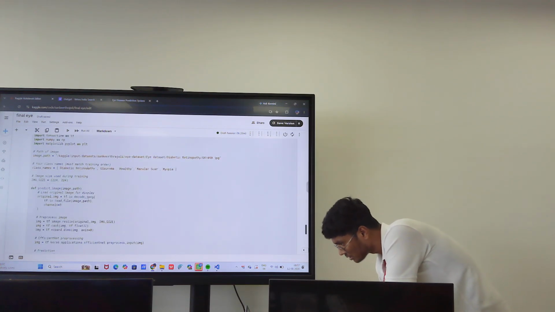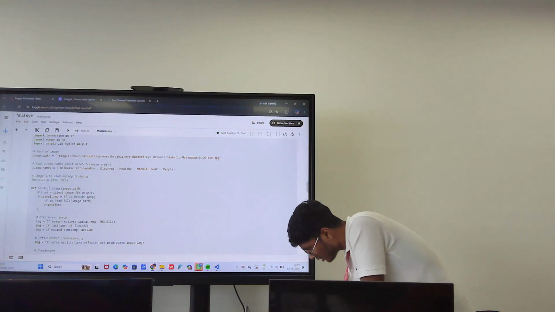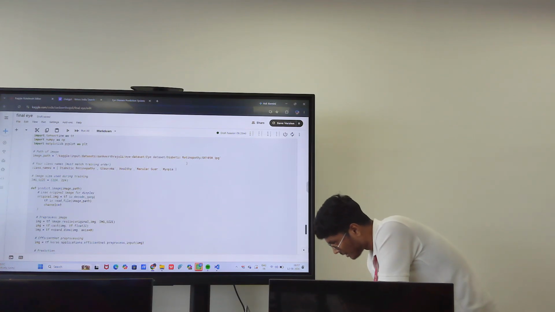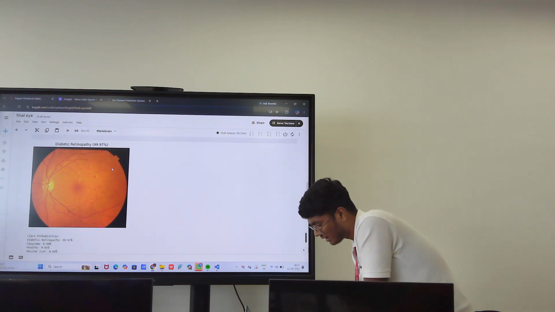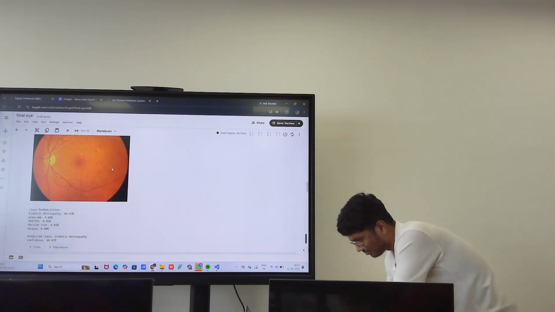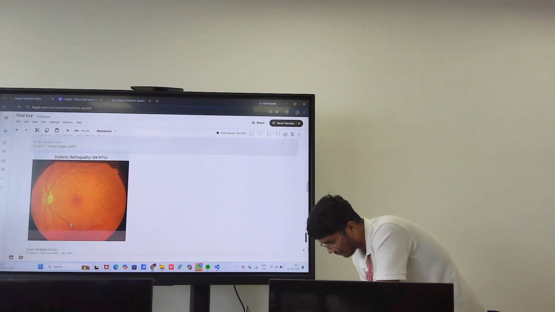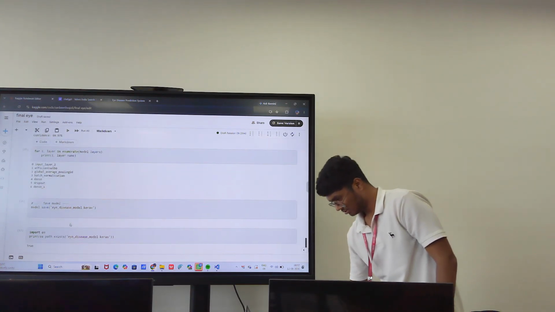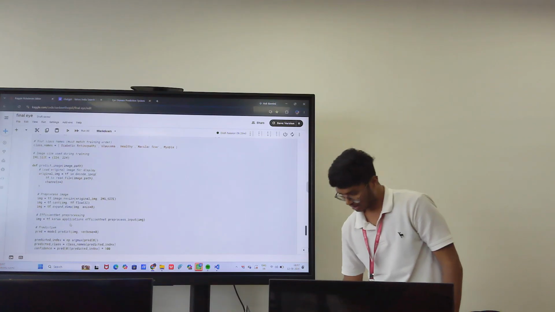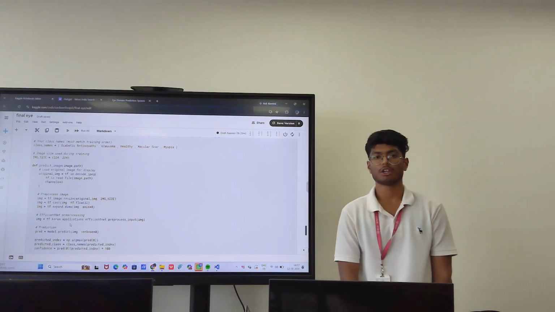I used an image path of a diabetic retinopathy image, and it predicted diabetic retinopathy with a confidence score of 99.97. Now I am going to show the web application.